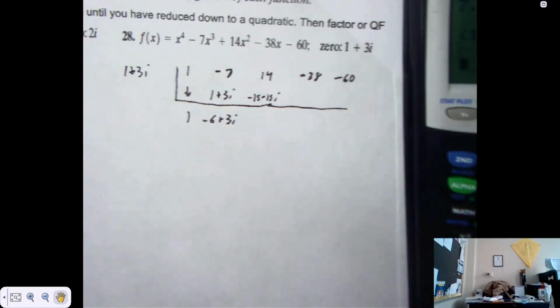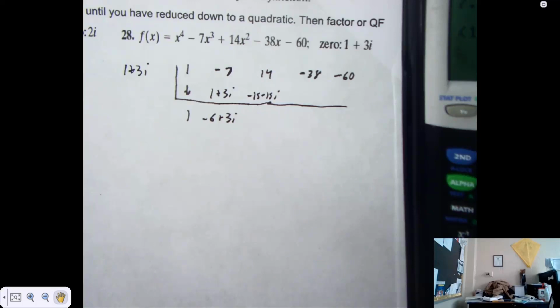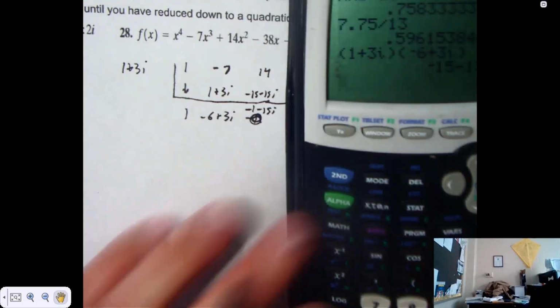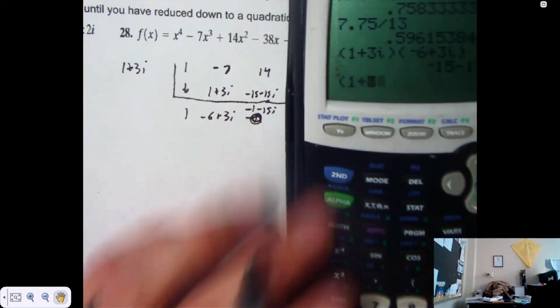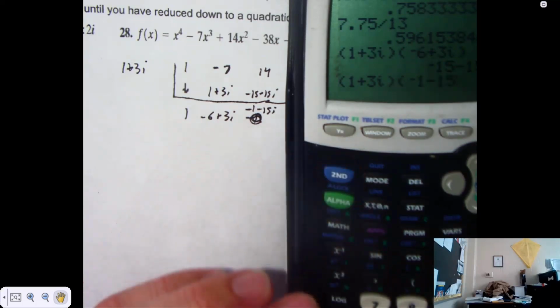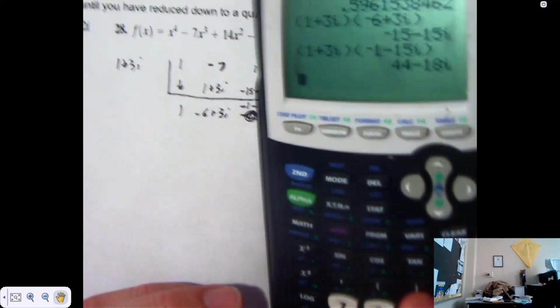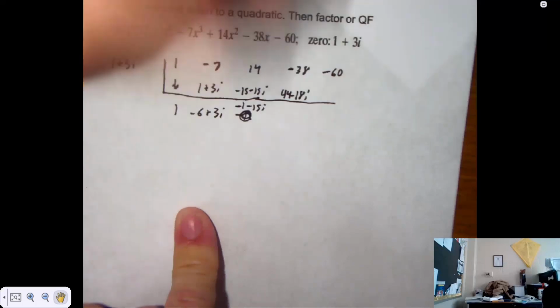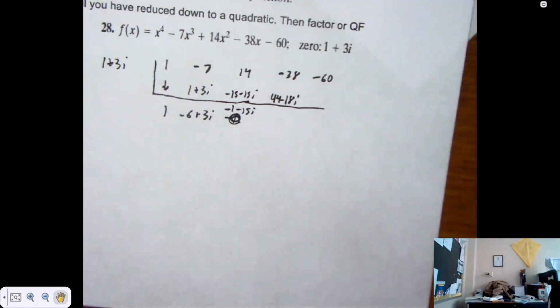And after you multiply, what do you do? You add. So 14 minus 15 is negative 1, minus 15i. So I got my 1 plus 3i again. Multiply, and I got 44 minus 18i. And then I add.